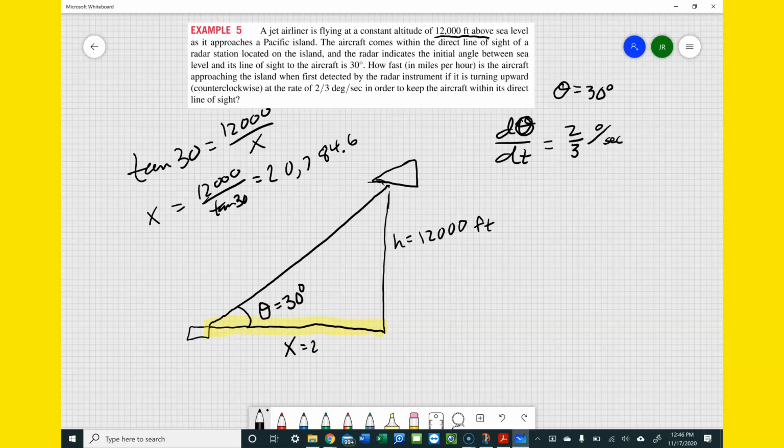Okay. And I'm trying to find dx dt. That's what I'm trying to find.